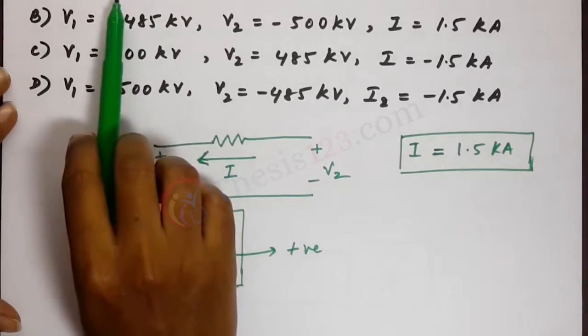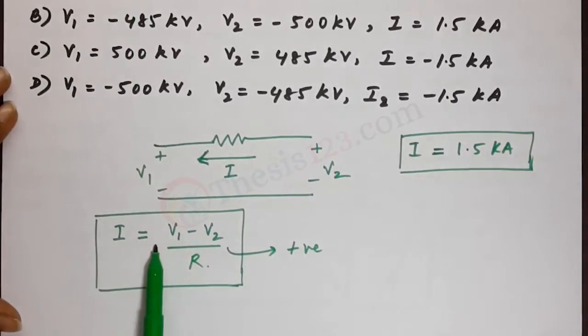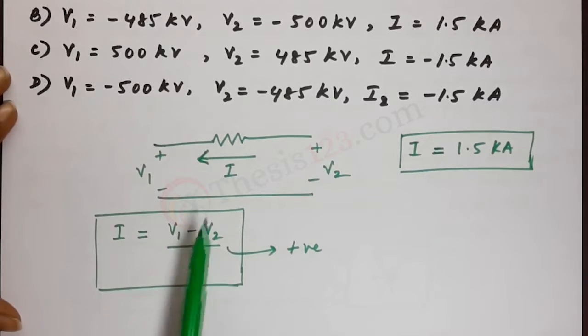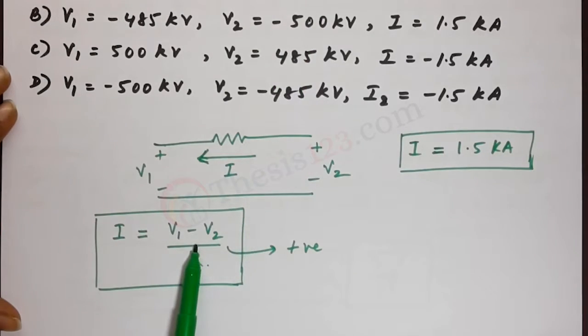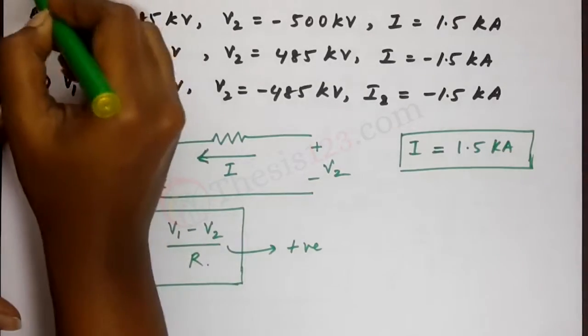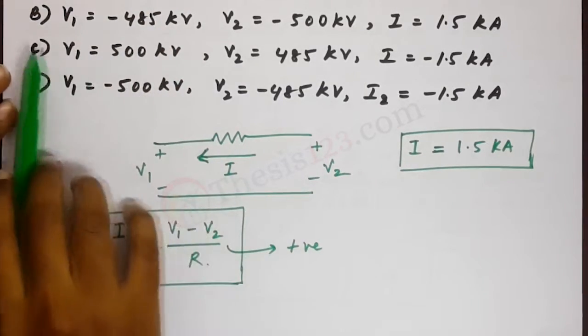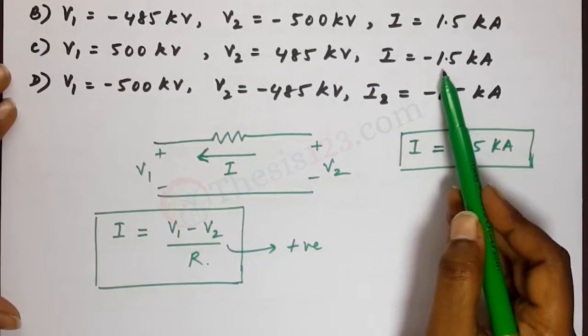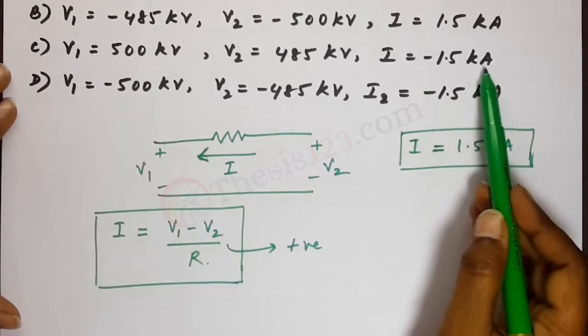So, if we take V1 as minus 500 minus of minus 485, that will give us a negative answer. So, A is out.